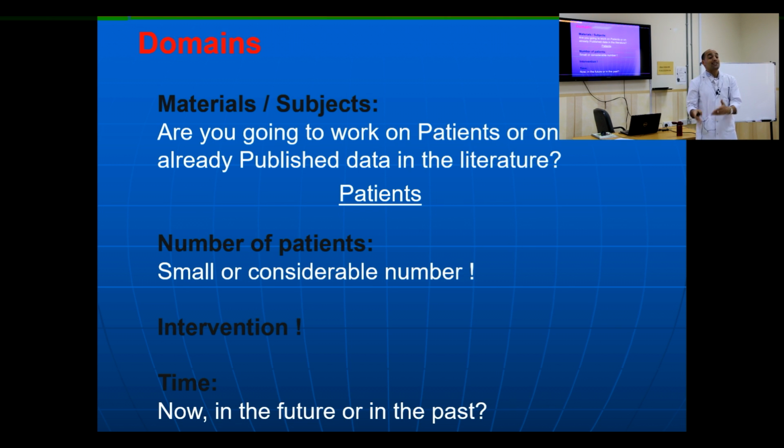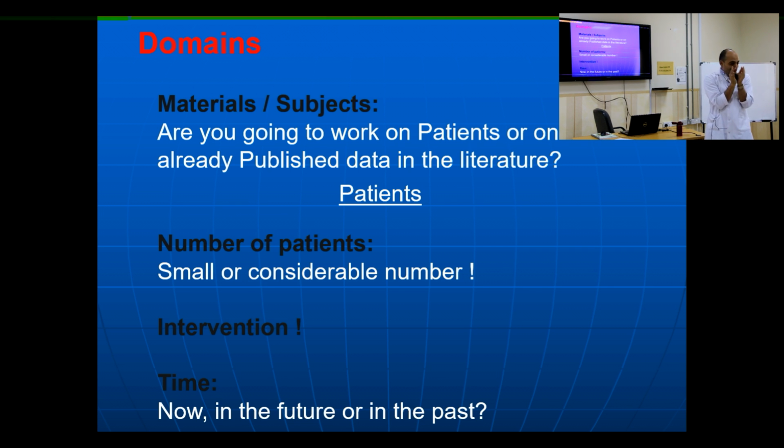If I want to do a systematic review, do I have to have patients? No. If I'm going to do a meta-analysis, do I have patients? No. If I will write an editorial or review article, do I need patients? Exactly. But if I have patients, I'm going to ask myself the second question.